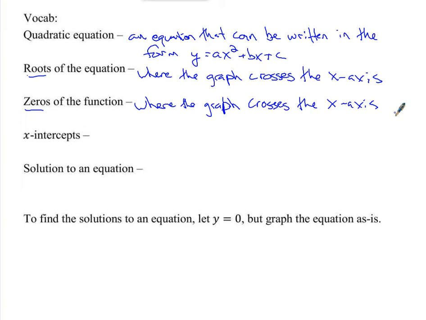You might hear me say x-intercepts. We know what the y-intercept is. What's the x-intercept? Well, the x-intercept is where the graph crosses the x-axis.